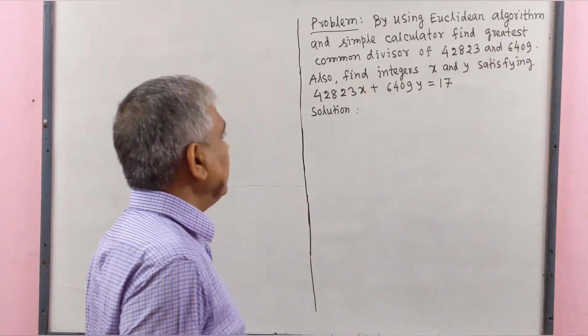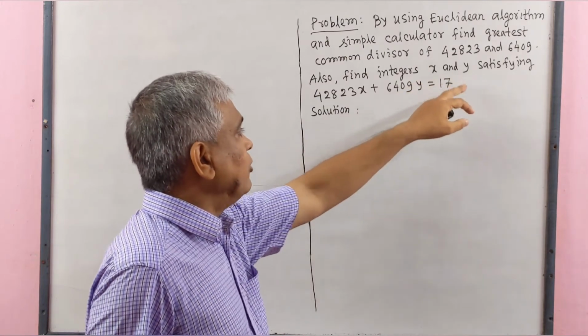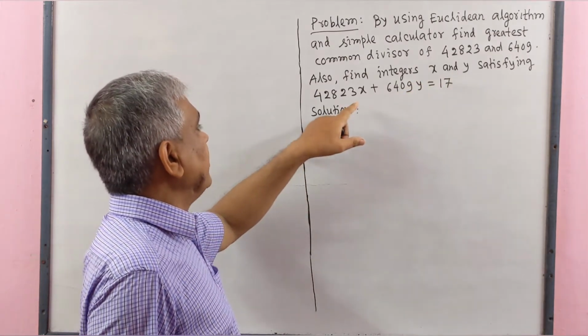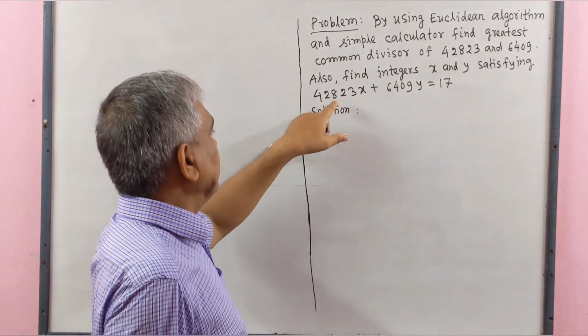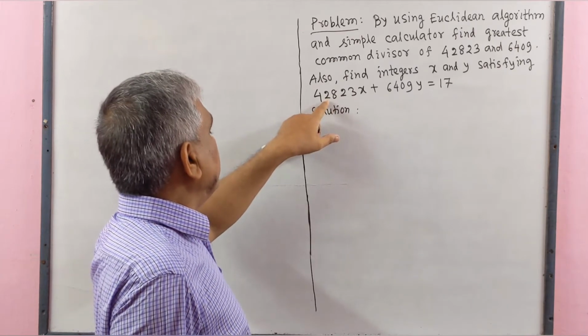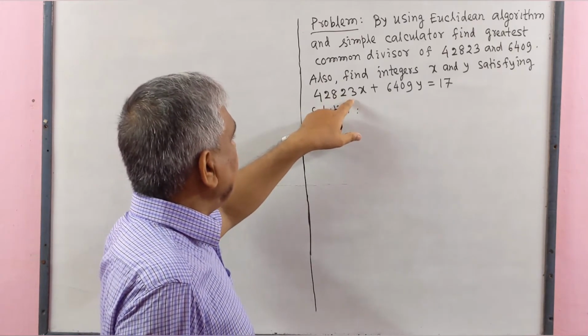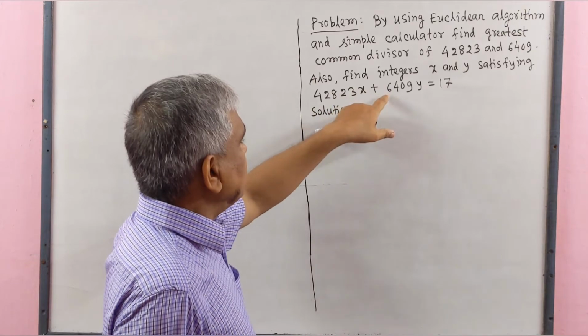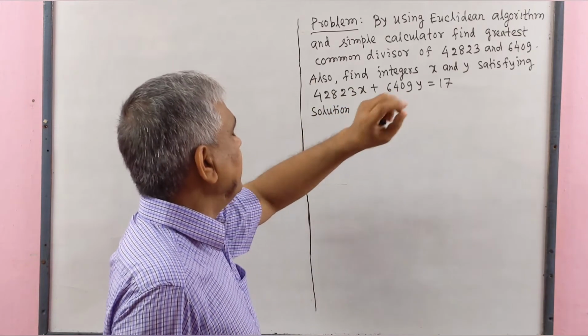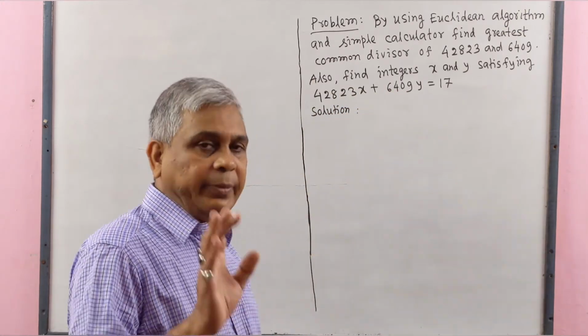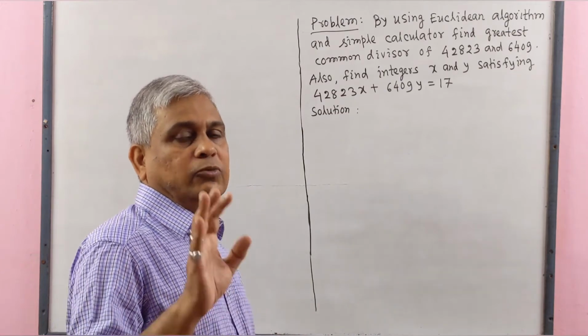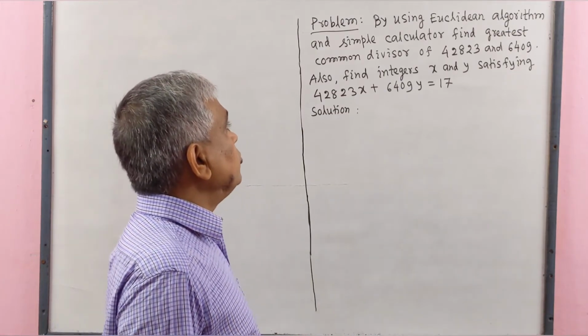Also find integers x and y satisfying the equation 42,823x plus 6,409y equal to 17.